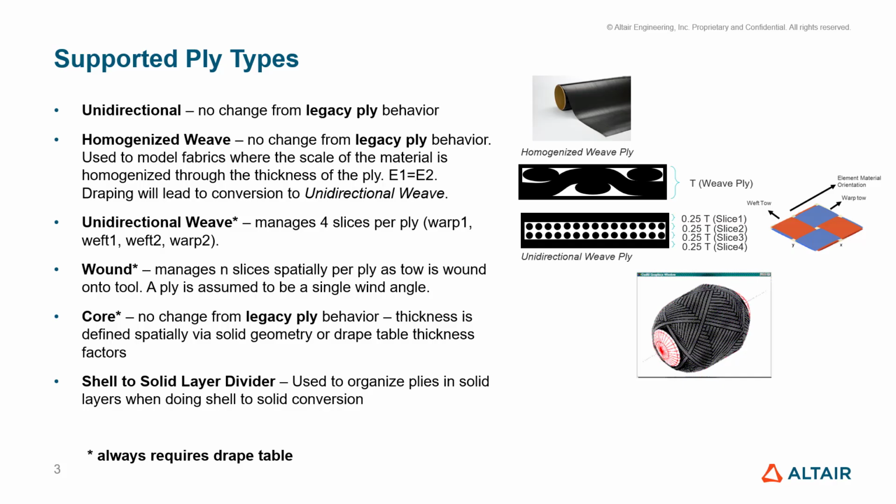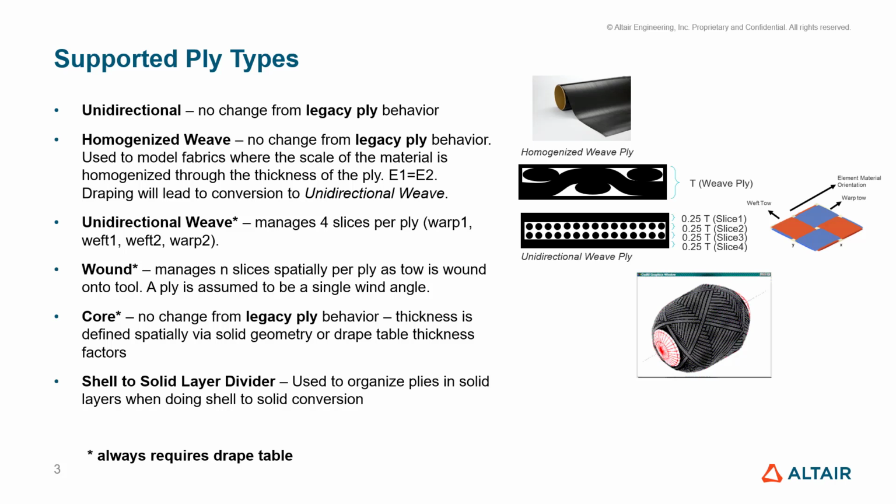When you start draping such a ply, this will lead to conversion to unidirectional weave, which means the material data is converted such that you get unidirectional plies that, when you build them with a quarter thickness each and in 0, 90, 90, 0 to begin with, will lead to equivalent material behavior.